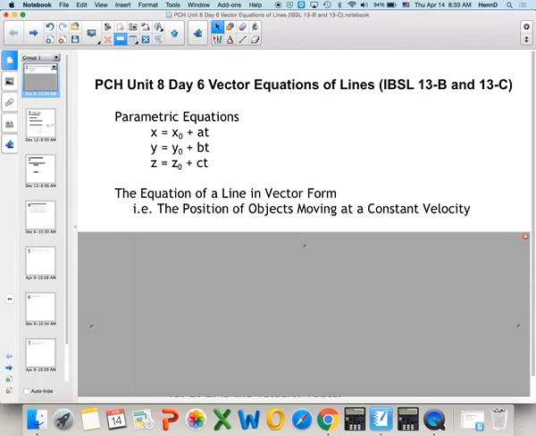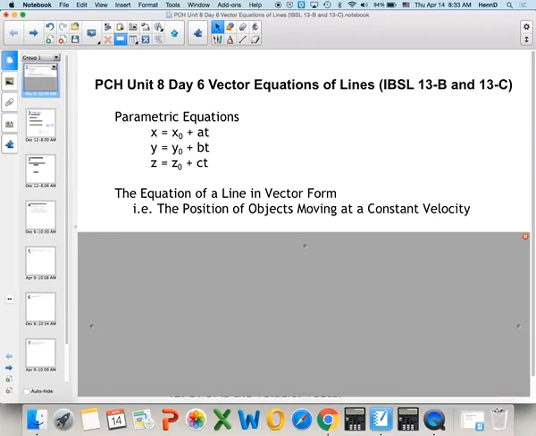The equation of a line in vector form is an equation that gives us the position of an object moving at a constant velocity. That constant velocity is important because if it weren't constant, then we wouldn't have a line. The ones that we were looking at in our last class did not have a constant velocity.